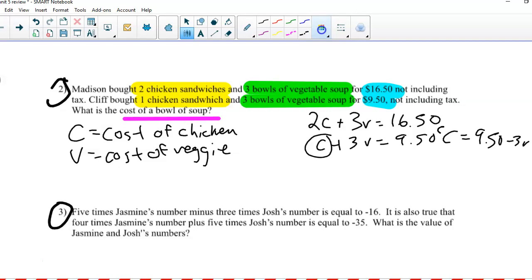And then what? Substitute it into the other one. So I'm going to put this next to 2. So 2 times 9.50 minus 3b plus 3b equals 16.50.